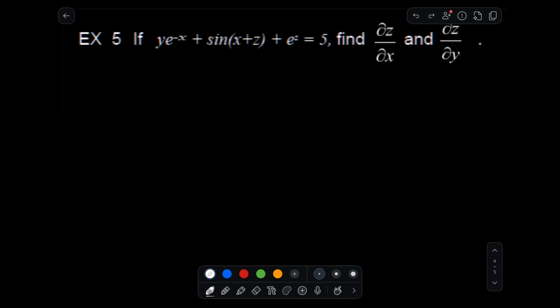And we're going to get negative y e to the negative x here, plus cosine x plus z, take the partial on the inside, going to be 1 plus del z del x plus e to the z del x equals 0.